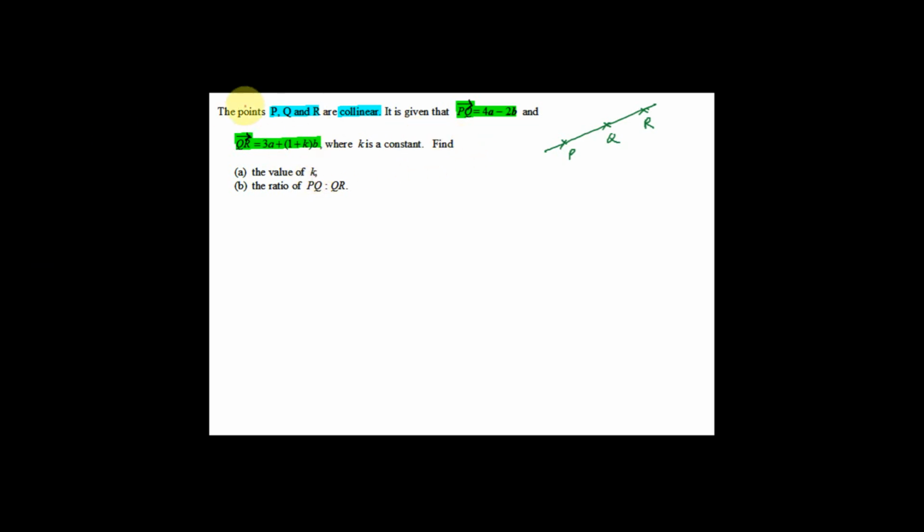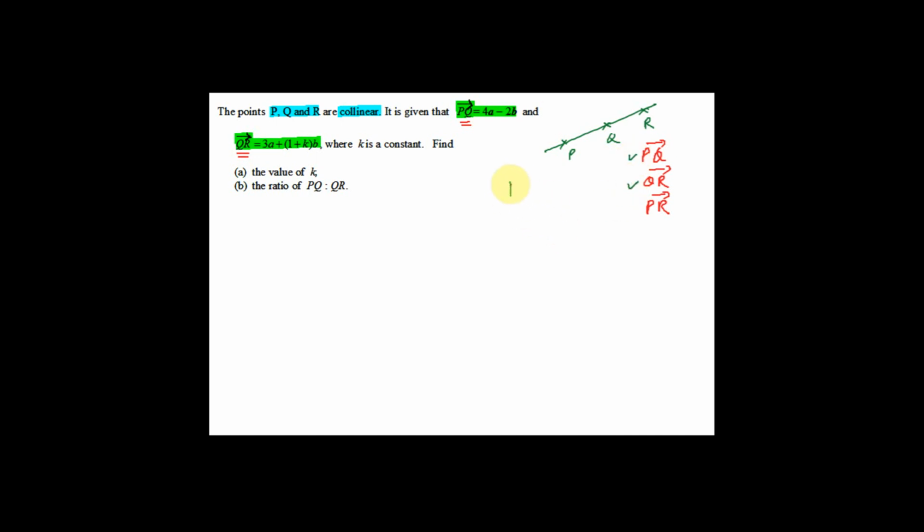Now listen carefully, a lot of students can't do collinear questions. If you know that PQR are collinear, first you have to choose two vectors from here. You can choose either PQ, QR, PR, and so on. So since you are given PQ and QR here, I'm going to choose these two vectors, that is PQ and QR.